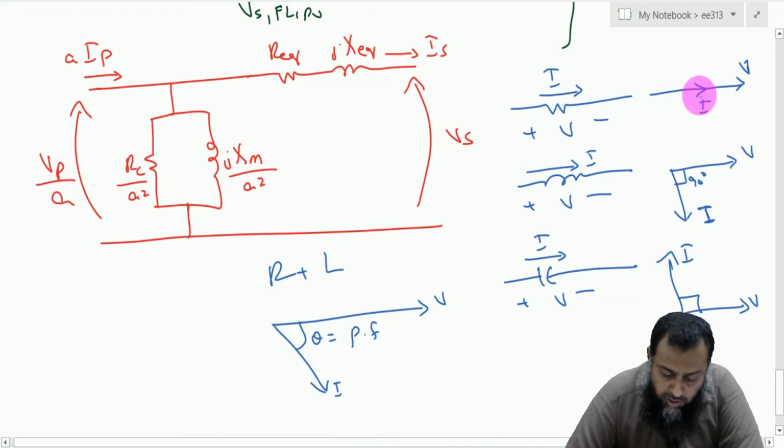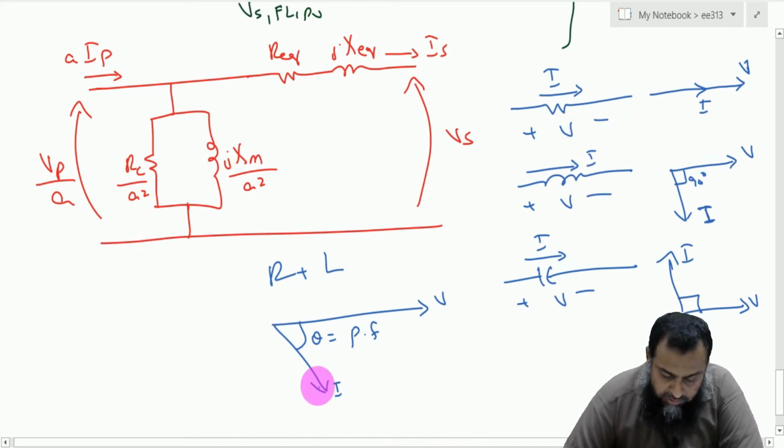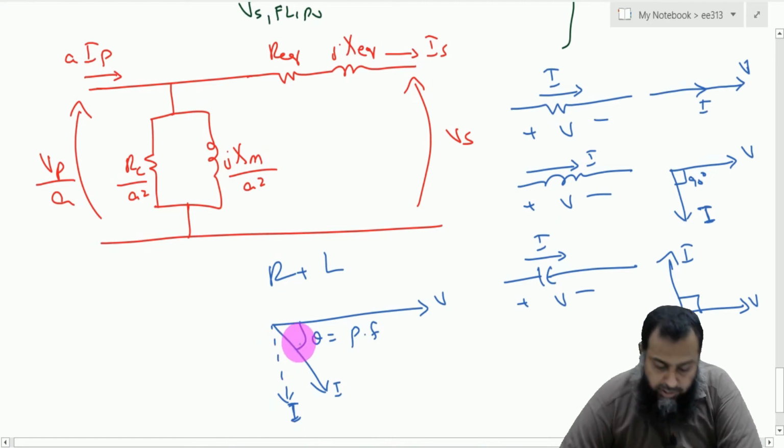And if the share of inductance in a given load is more than the share of resistance, then we fall somewhere tending towards the current direction I, where I is ideally at 90 degrees with V in the case of an inductance.